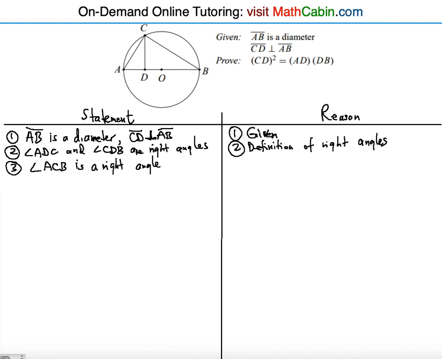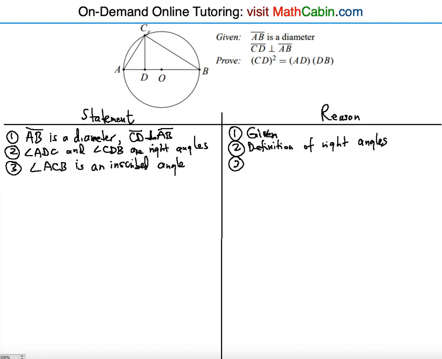Well, actually, before you do that, you have to point out that it's an inscribed angle, because that would be kind of like skipping a step, right? It's an inscribed angle, and how do we know that?